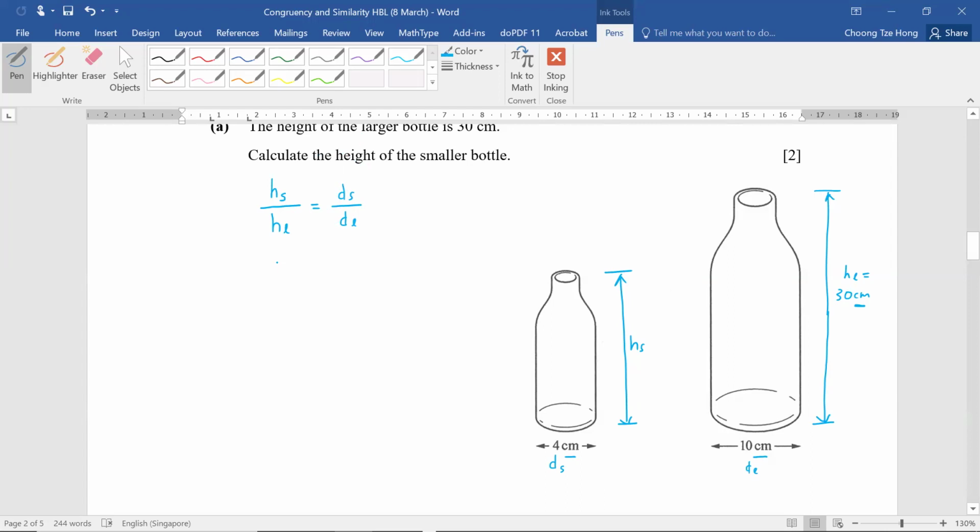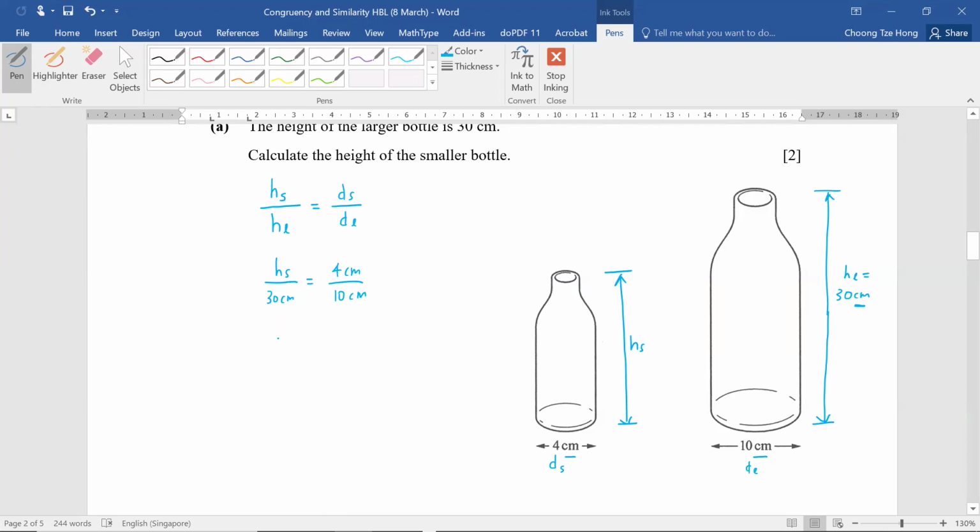There's only one quantity that we don't know, which is HS, and which is what we want to find. So we'll just put in the values for all the other three, and then we can calculate it easily. HL is 30 cm. The diameter of the smaller bottle is 4 cm. The diameter of the larger bottle is 10 cm. So this is what we have.